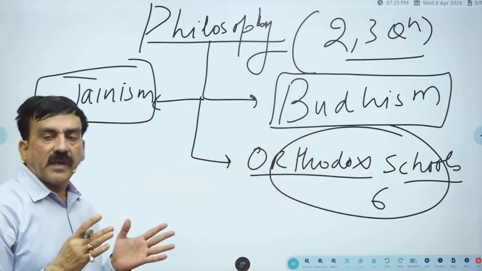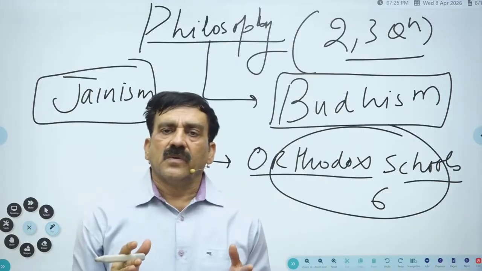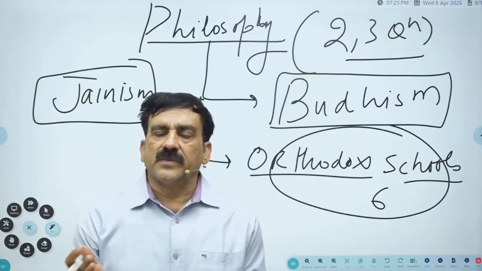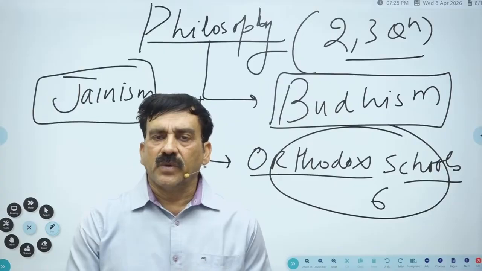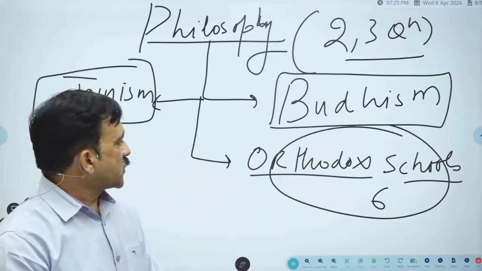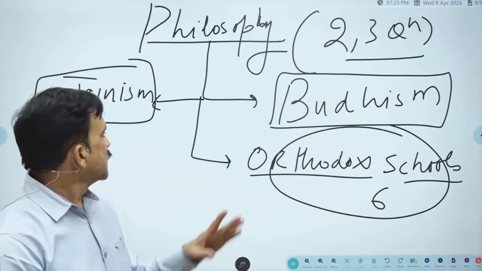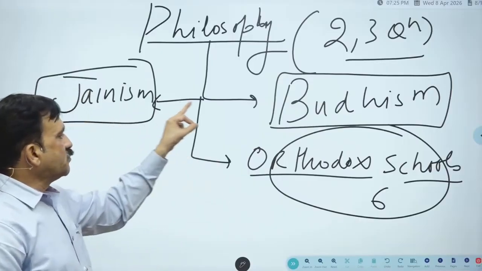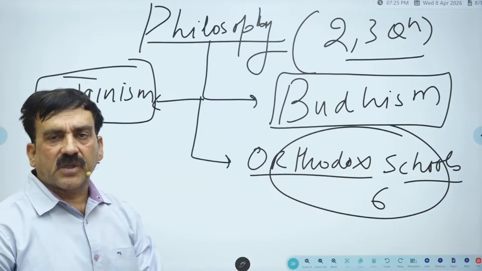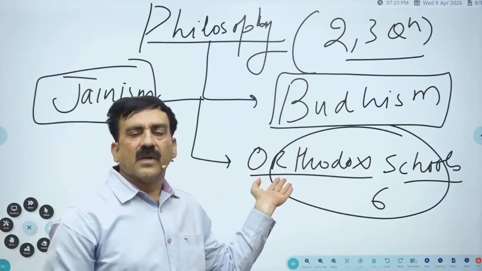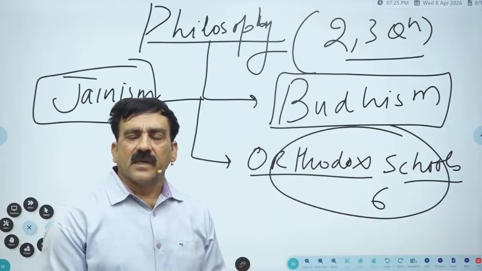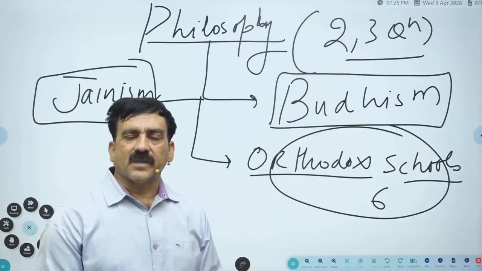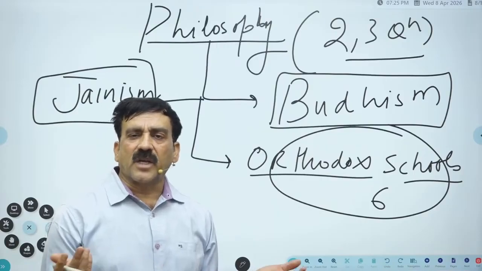In philosophy I will advise you, because in this short 40 days you cannot waste your time, it will be wise to focus only on these aspects in ancient culture: Jainism, Buddhism, and the 6 Orthodox schools, Sankhya, Nyaya and Kapil. Who are the propounders? What are the main philosophies lying inside this? And philosophy deals with only 2 aspects.